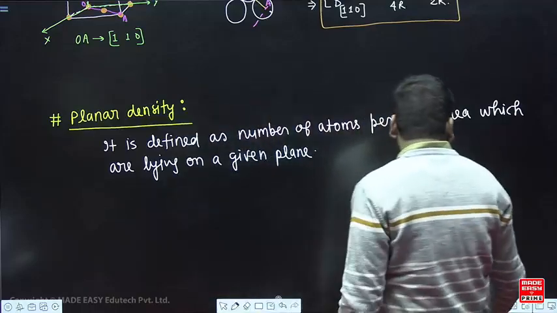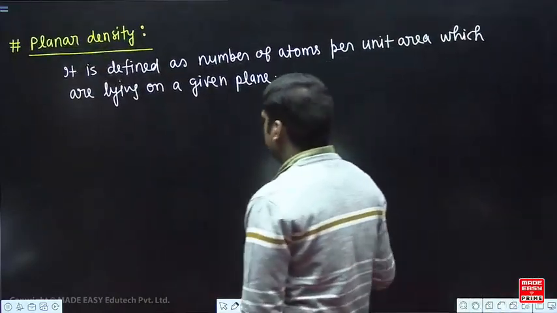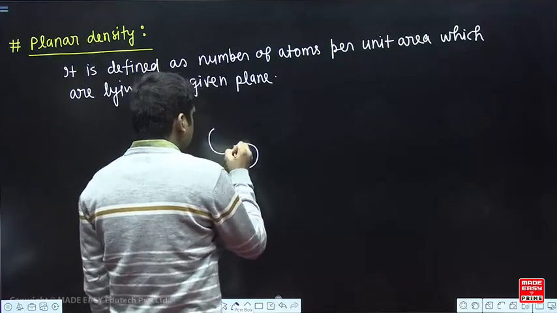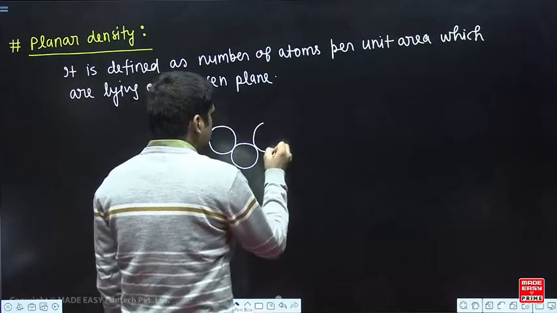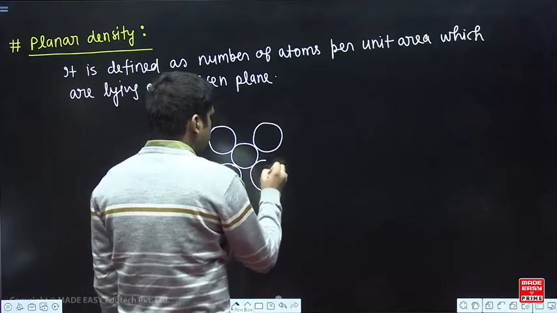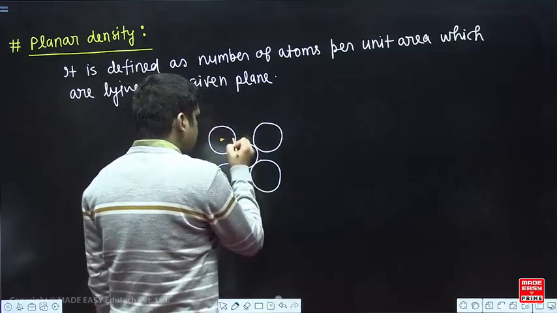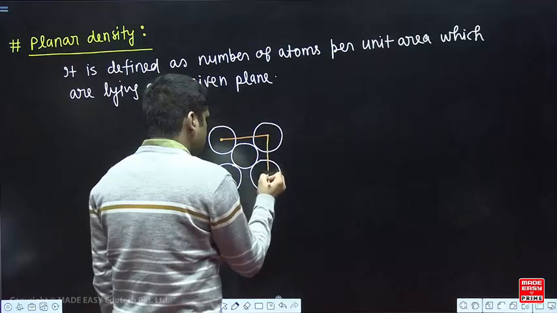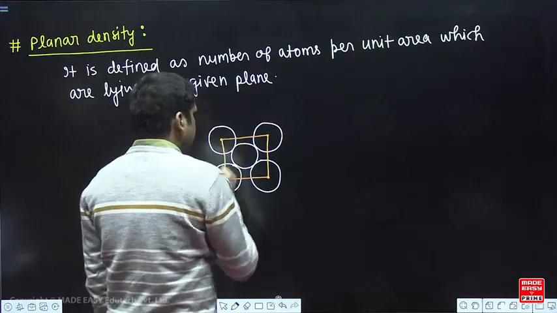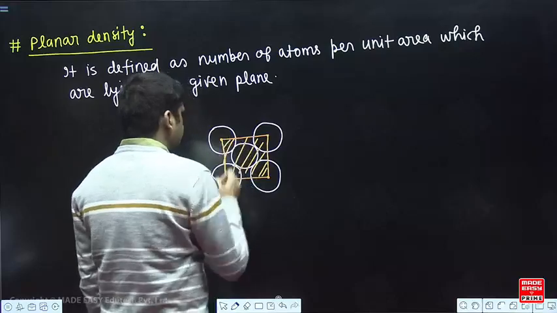Let us suppose I consider this same plane whose front view I made. So if I consider this plane, this atom, this atom, this atom and this atom. We want to calculate planar density for this plane.